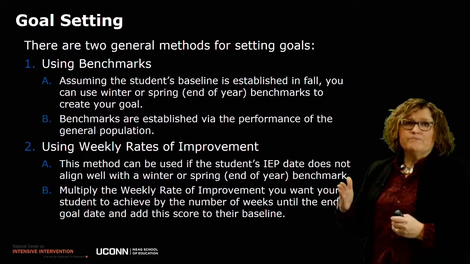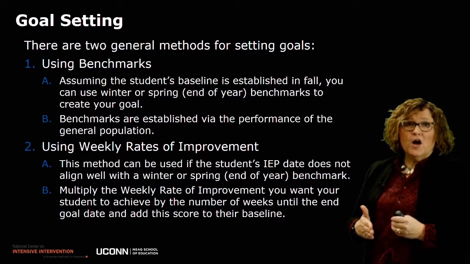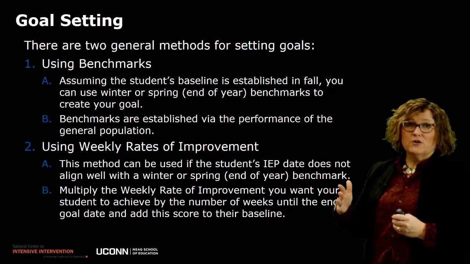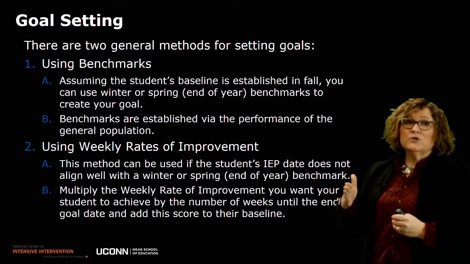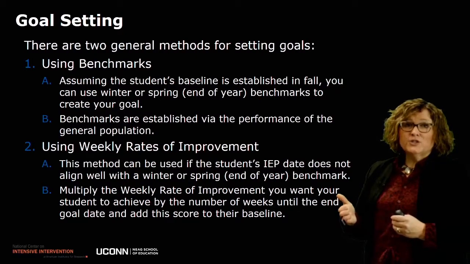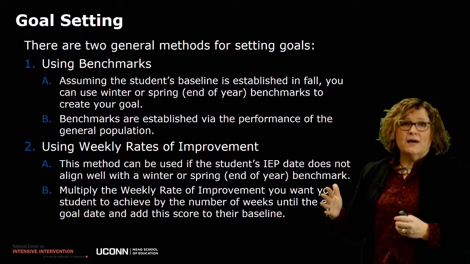So if we're using the benchmark method, if we have collected a student's baseline data in the fall, then we might use the winter or spring, so either middle of year or end of year benchmarks to create our goal. And these benchmarks are sometimes called norms. They're established via the performance of the general population.